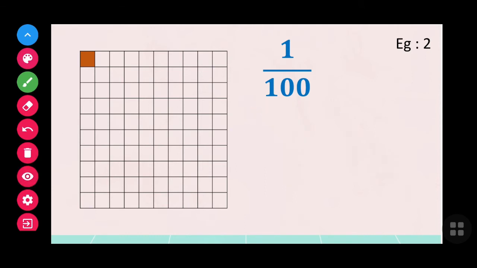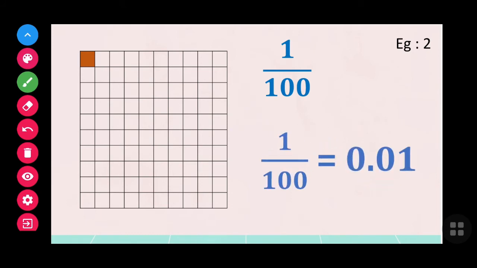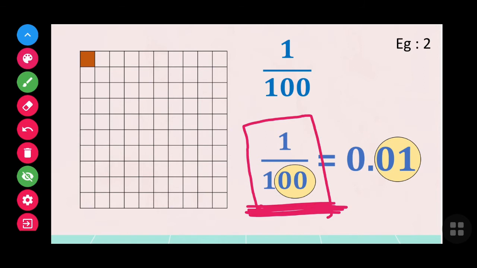Now the answer will be 1 over 100 is equal to 0.01. 100 has 2 zeros, this has 2 decimal places. We simply convert this fraction because this denominator is a power of 10. You can convert fractions into decimals when the denominator is a power of 10 easily in this way, by calculating the number of zeros.